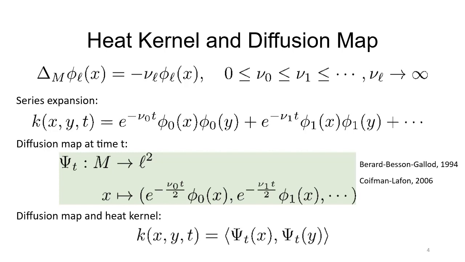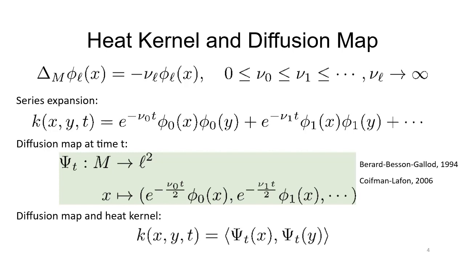It is worth mentioning that if we define the diffusion map this way, then the heat kernel K(x,y,t) is actually equal to the inner product of the diffusion map at x and the diffusion map at y.